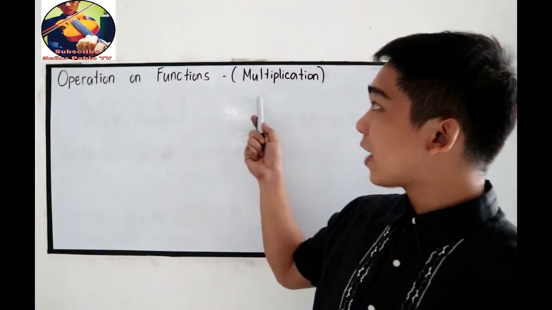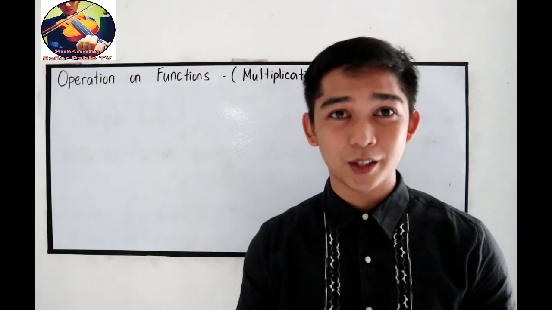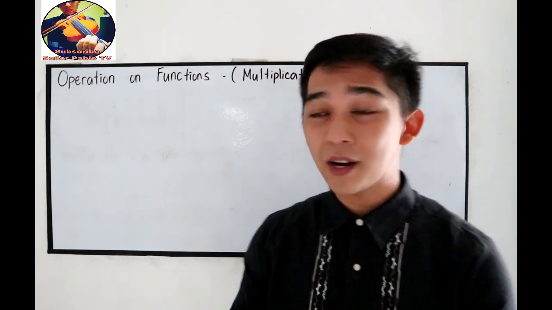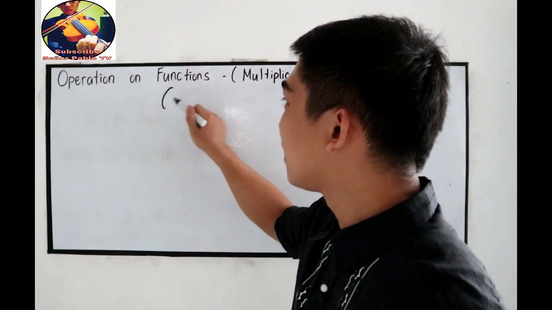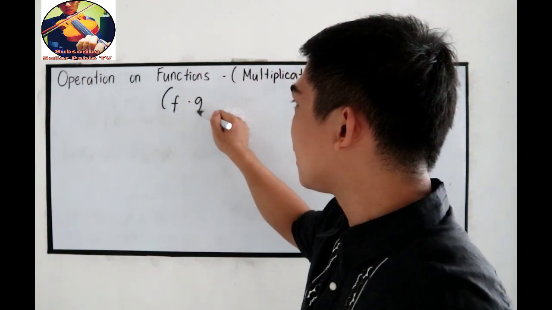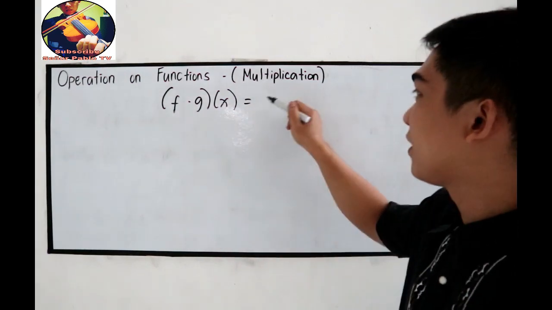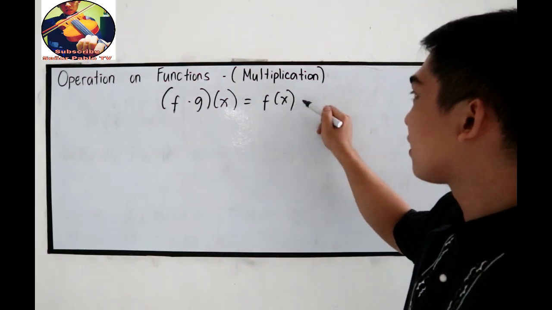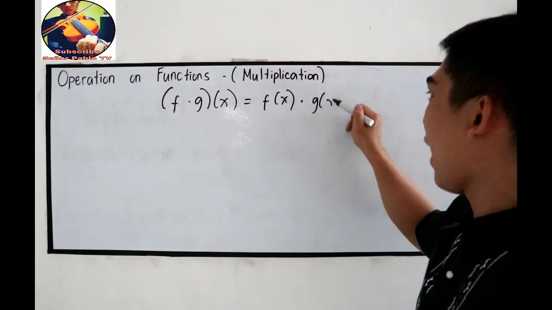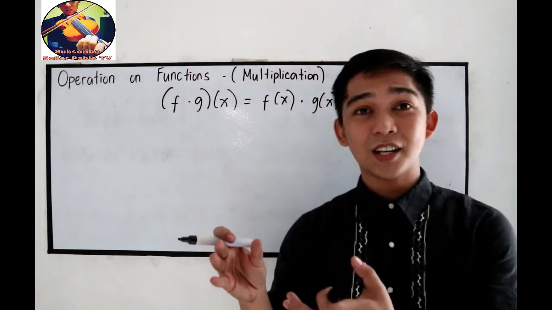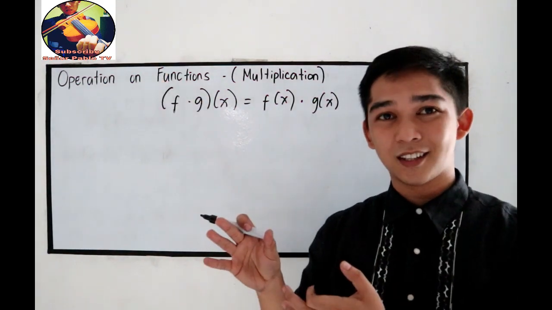Under operation and functions, we also have multiplication. So our formula, if we have f times g of x, that is equal to f of x times g of x. Gaya lang din siya ng ating addition and subtraction.